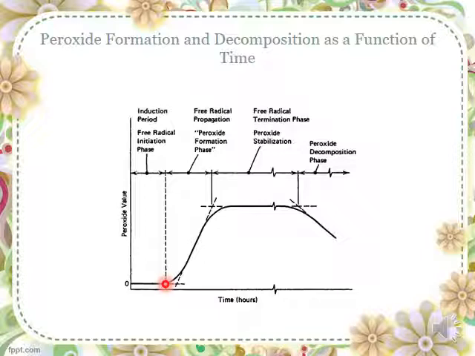As it propagate over time, the peroxide value will increase, because it's being formed during the propagation phase, until at one point it stabilizes during the termination phase, where the radical meets with another radical, and then once it terminates, of course the peroxide value will decrease, and this is the decomposition phase.